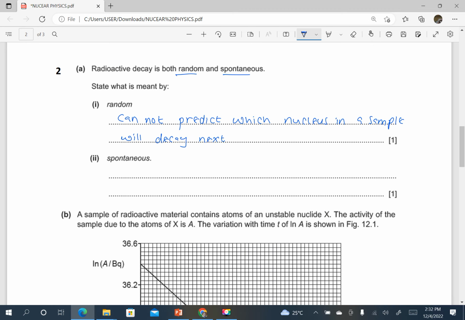Then spontaneous, we have said it's spontaneous. Decay is not affected by external factors.